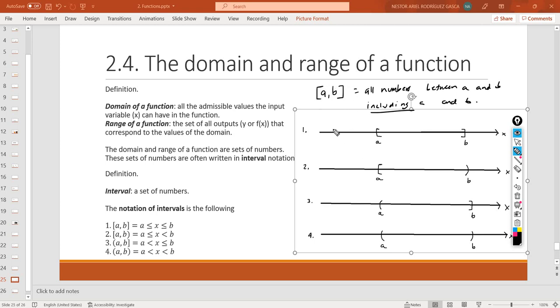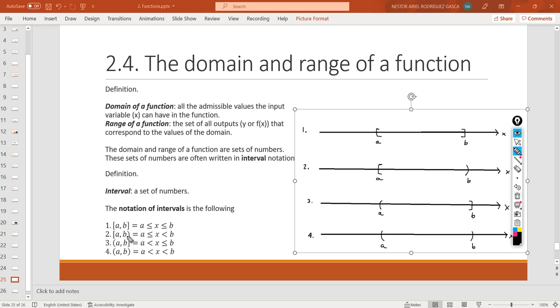If you go to the real line, the geometrical interpretation of this thing would be all of these numbers, guys. If this is number A on your real line and this is number B, then this thing means all this collection of numbers, all the numbers that are in between these two square brackets, including A and B. We have to include them. That's what the square bracket means.